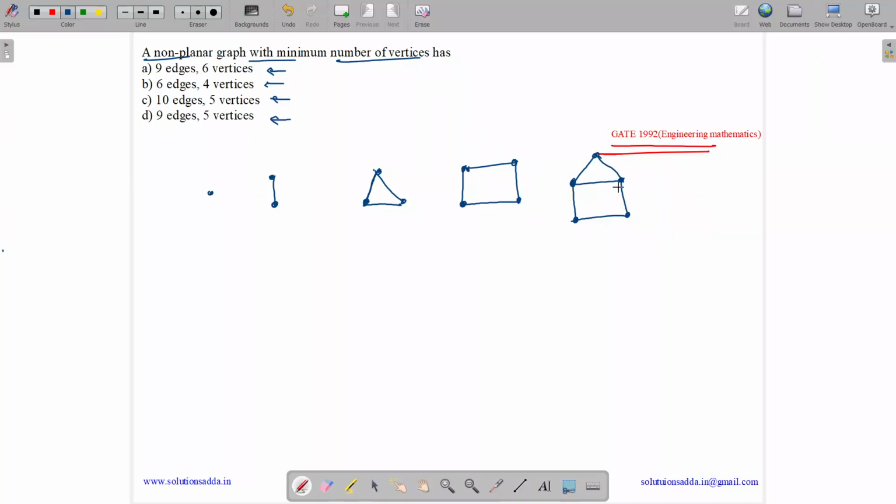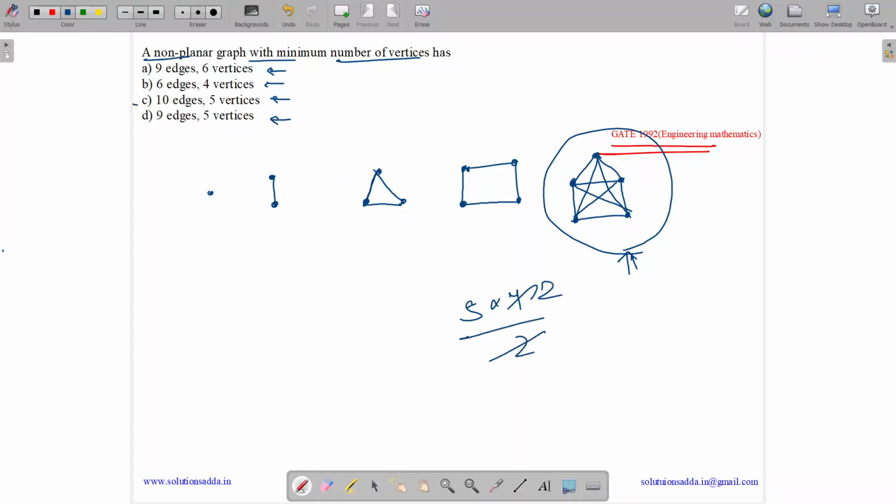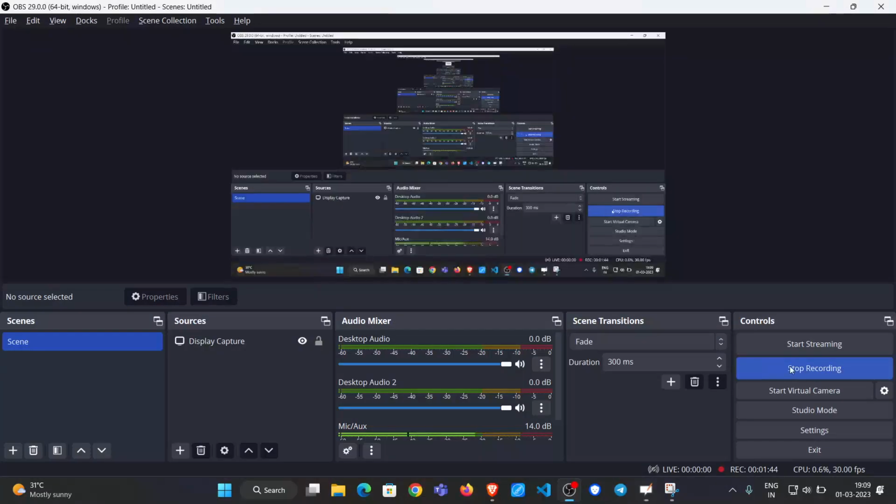If we draw it like this, if we have K5, which is the complete graph with 5 vertices, then what happens? You can see this is a non-planar graph. So the answer is 5 vertices and 5 into 4 by 2, which is 10 edges. 10 edges and 5 vertices. This can also be an answer with minimum number of vertices, 4. But this is planar. So the answer is K5, option C.